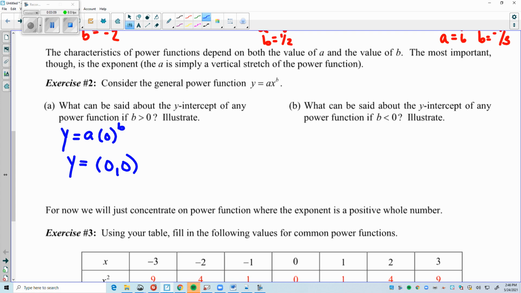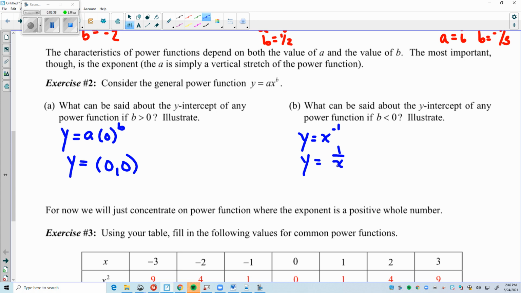Okay. And if I'm looking at letter B, then it says, what can be said about the y-intercept of a power function this time if b is less than 0? Well, for instance, if b is less than 0, let's think about x to the negative 1. If we were to turn this back into a function without a negative exponent, that would get us something that looks like this.